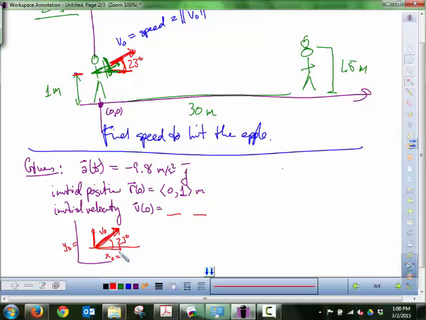So the x is going to be your hypotenuse times the cosine of the angle, and then your y is going to be your hypotenuse times the sine.